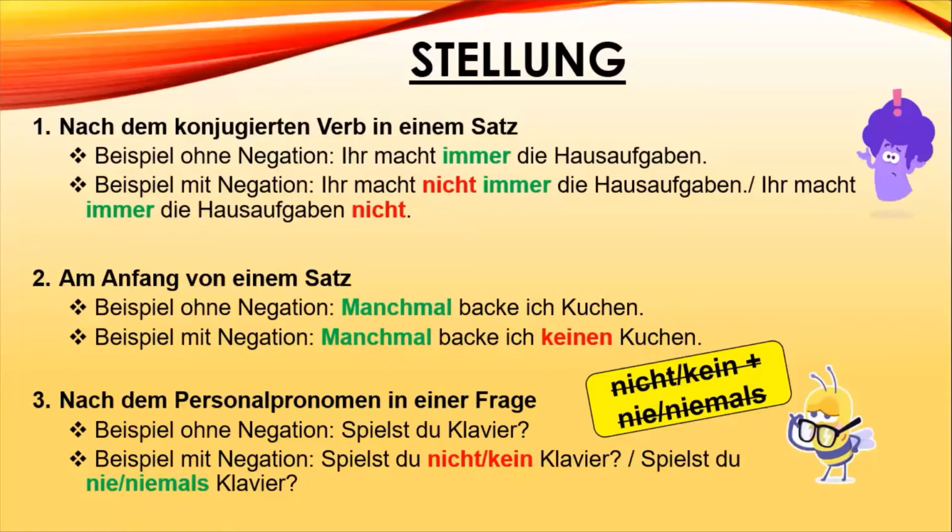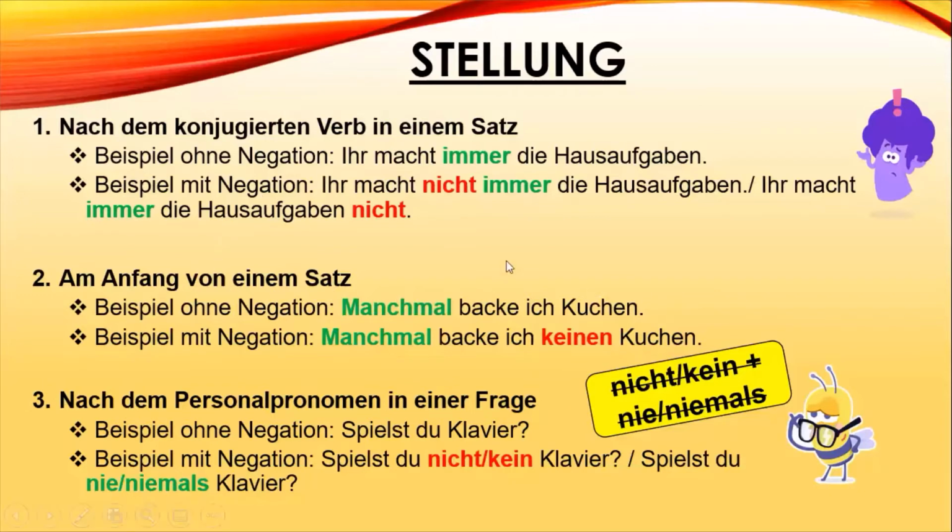Now, as you can see here, the positioning of the indefinite adverbs of frequency is looking similar to the positioning of the definite adverbs of frequency and similar to the positioning of the adverbs of time in my previous tutorials.